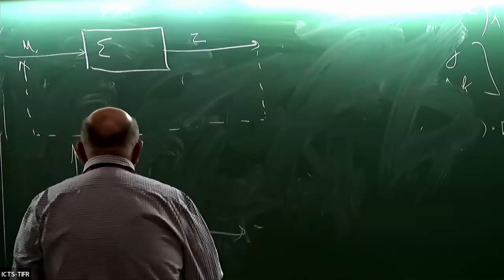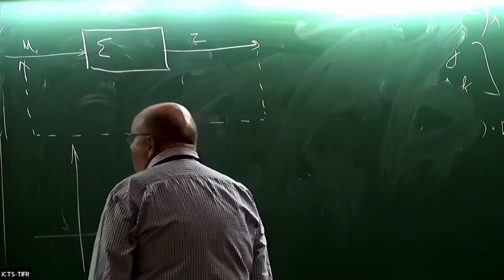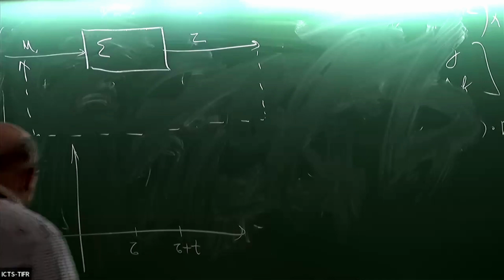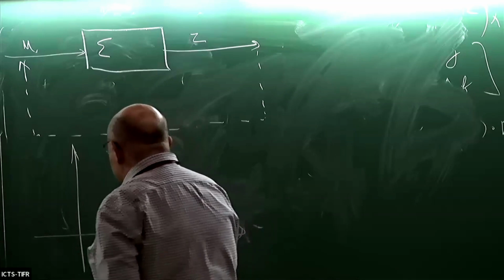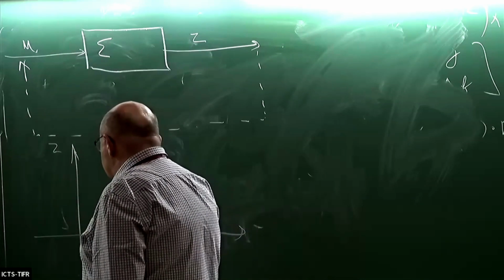And here I have tau plus some t. What is phi index t plus tau of u concatenated to v? I apply this concatenated signal, so here is the z signal.